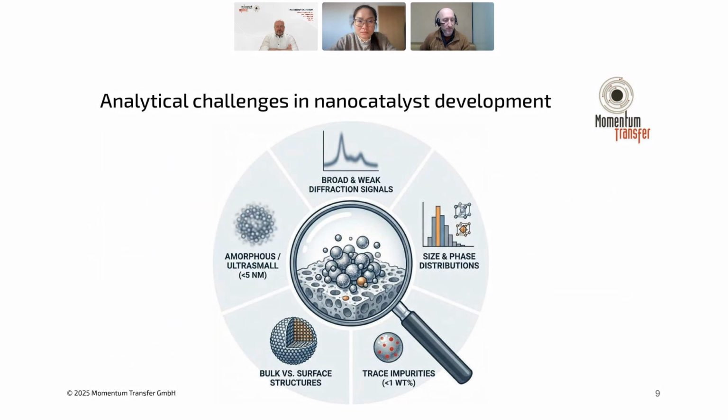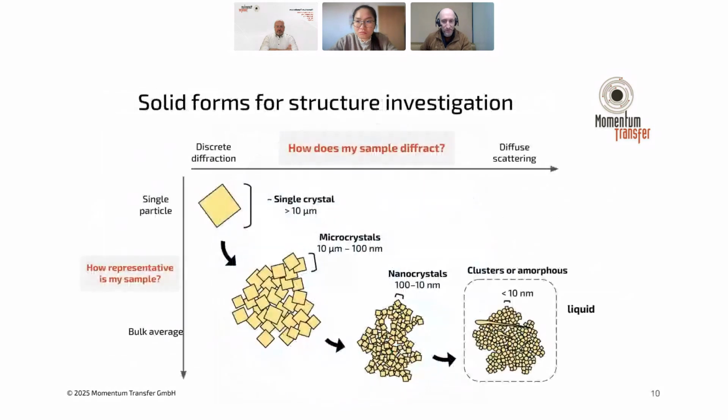We have impurities that are present that may be advantageous in some cases or actually deleterious to the performance in others. And we have wide distributions of particle sizes and morphologies, and those can also play an important role in surface structures. Okay, so we need to be able to parse this information from our measurements.